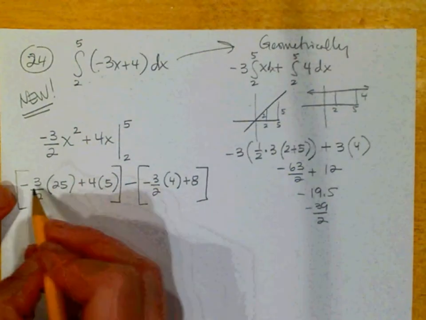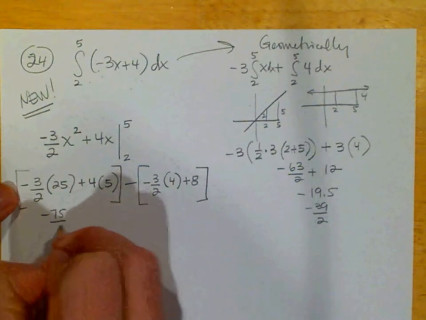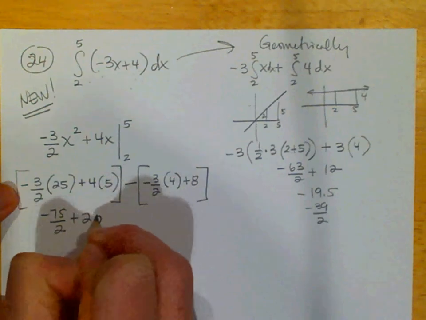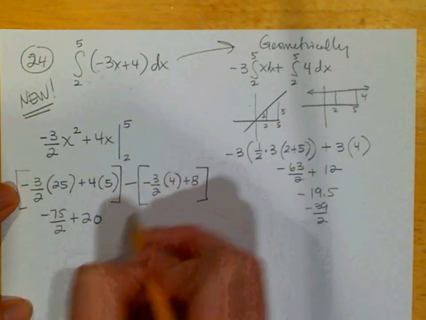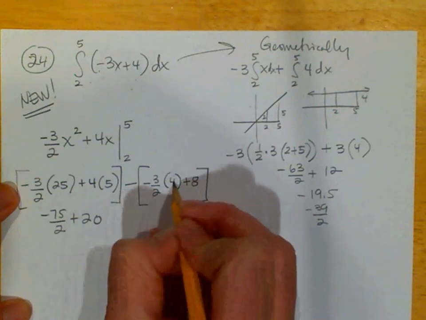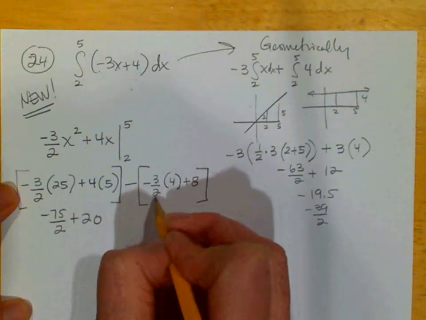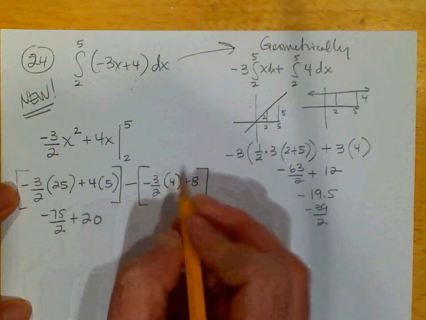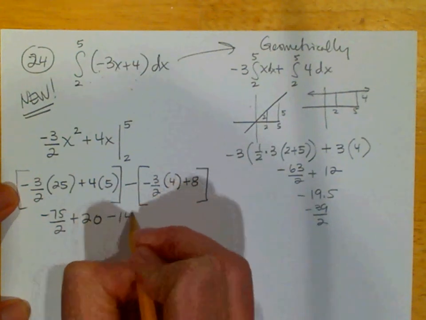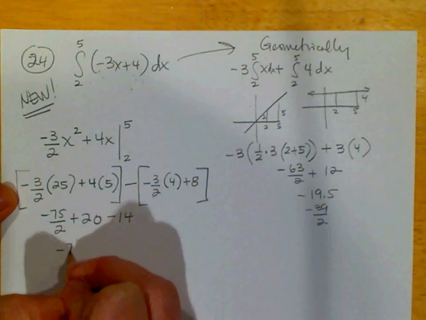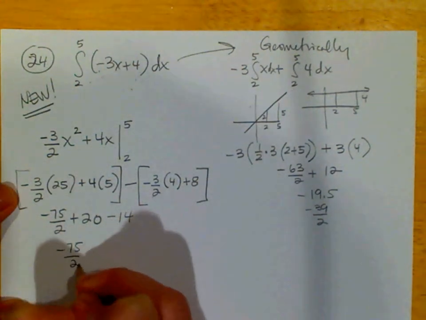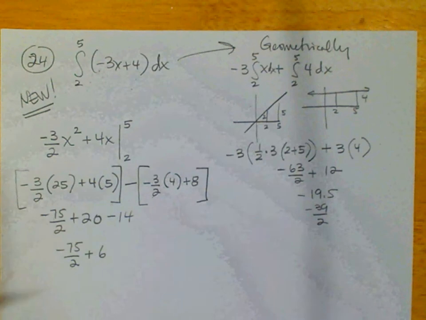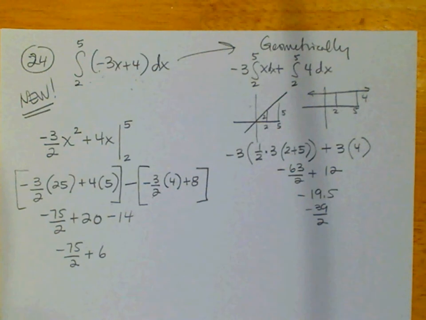This is negative 75/2 plus 20. And then 12 divided by 2 is 6, plus 8, that's 14. So my answer is negative 75/2 plus 6. I'm a little nervous, I'll be honest. Negative 75/2 plus 6. Yep, I messed up somewhere. Can you find it for me, please?